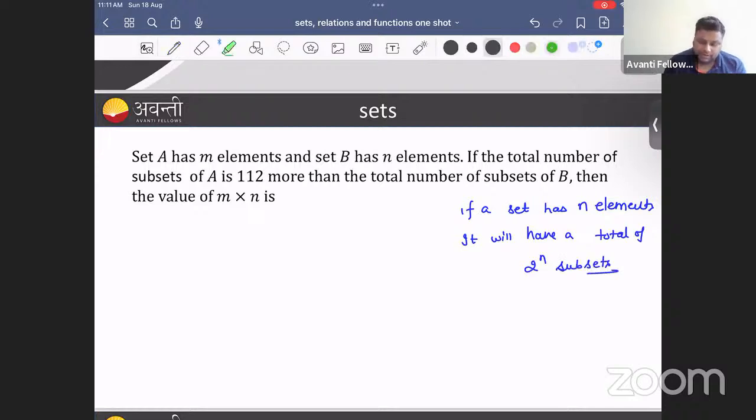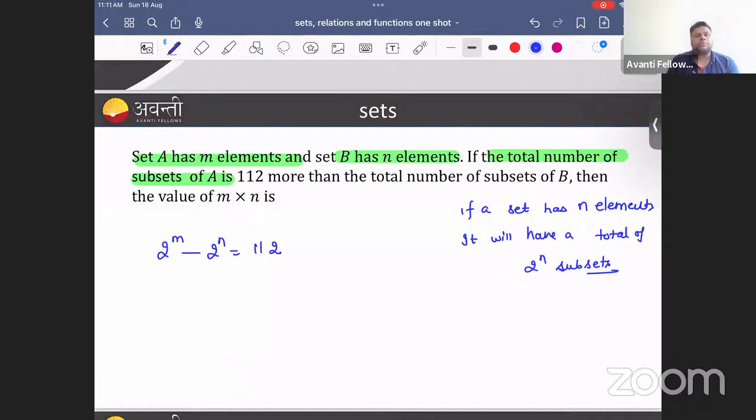Now in the question they are saying set A has m elements, set B has n elements. Total number of subsets of A, that is 2 to the power m, is 112 more than the total number of subsets of set B. So 2 to the power m minus 2 to the power n is 112.